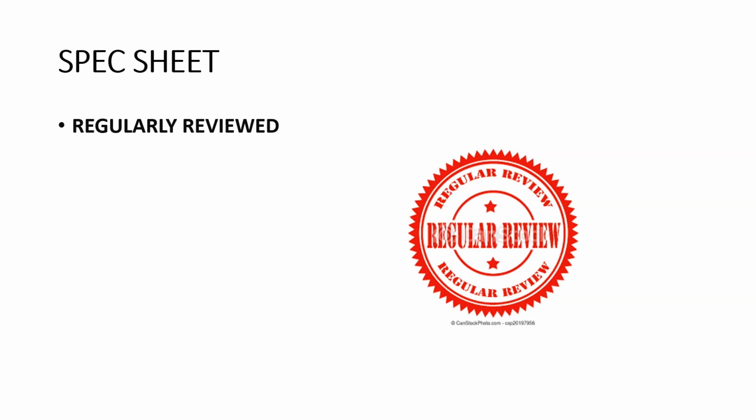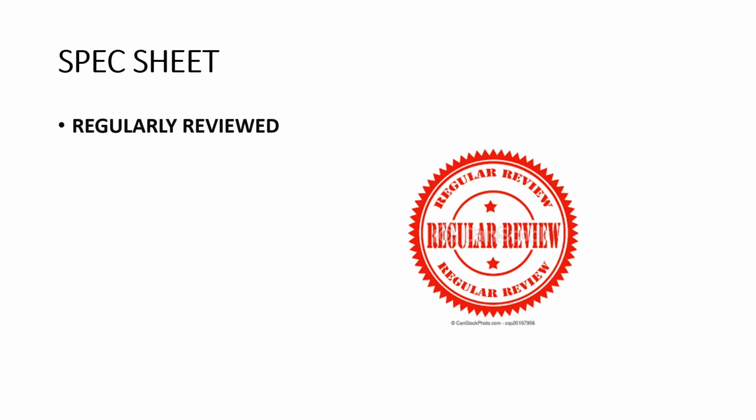So that is one of the important features of the specification sheet. The regular review will tell about the progress of the manufacturing unit and how the improvement has taken place. And everywhere the approval of the buyer is a must. Without approval of the buyer, this kind of amendment cannot be done.